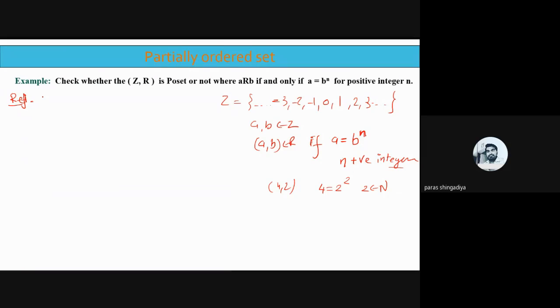Reflexive means that for every a belonging to Z, we check whether (a, a) belongs to R or not. So how can we say (a, a) belongs to R?